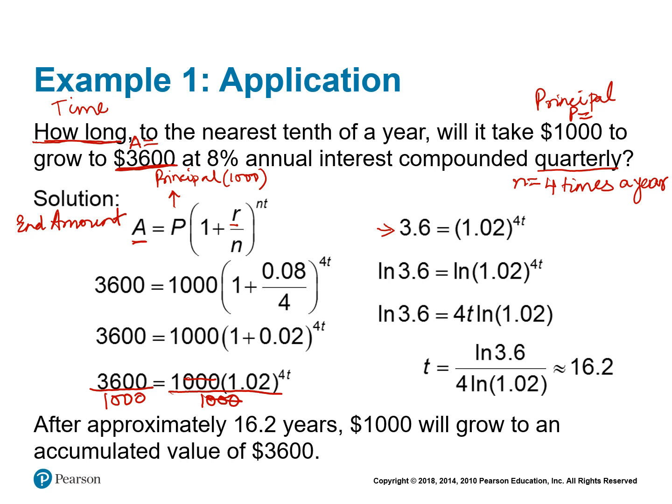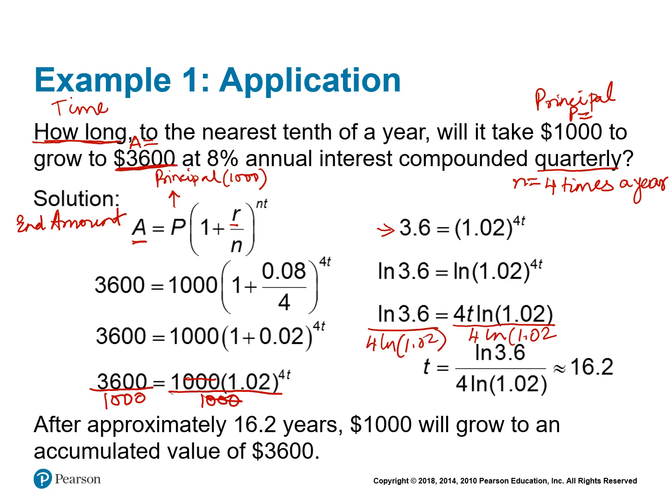t. Divide both sides by 4 ln of 1.02, correct? 4 ln of 1.02, and we get this.